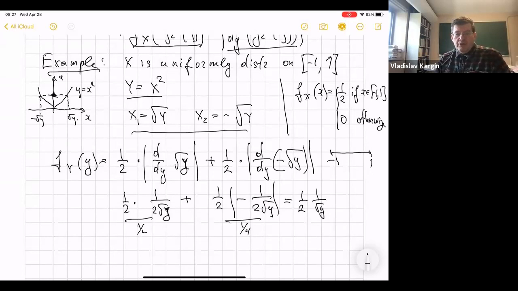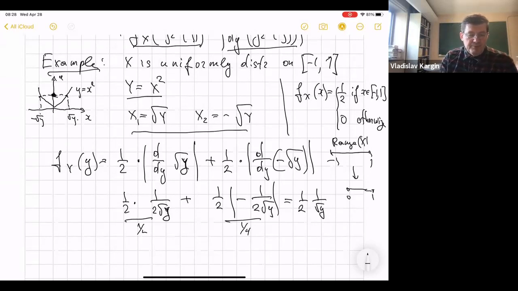Okay, so the range. This is the range of x, and it's mapped by the function x squared. So -1 goes to 1, and 1 goes to 1. It's mapped to the interval from 0 to 1.